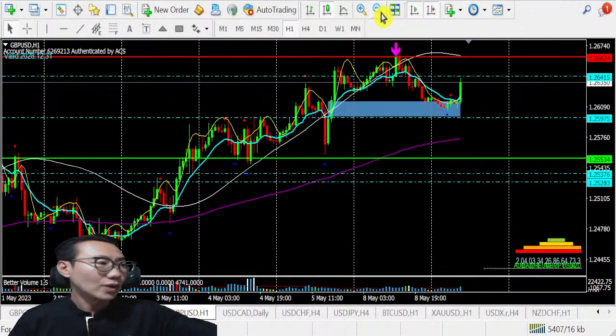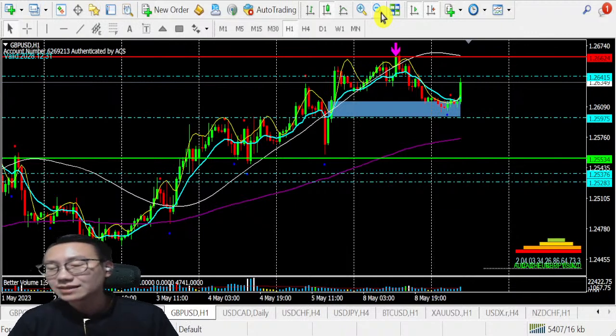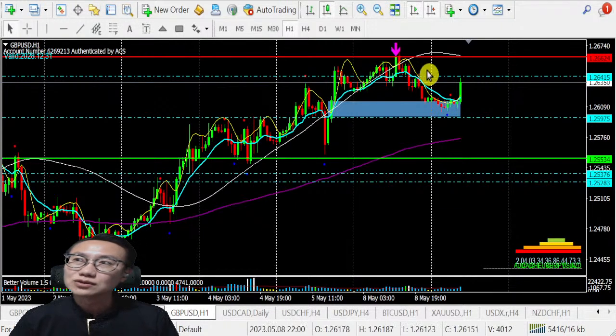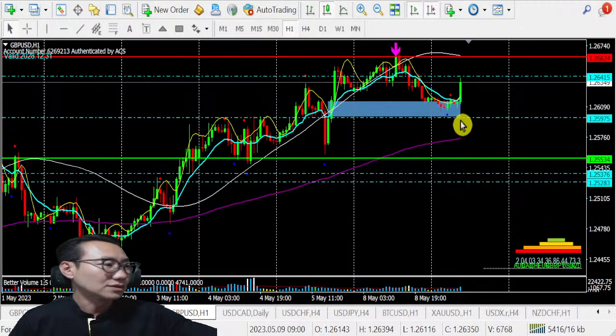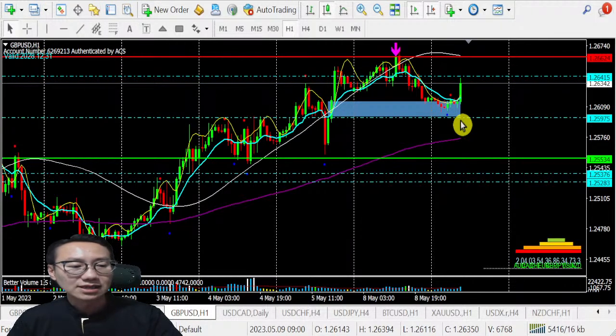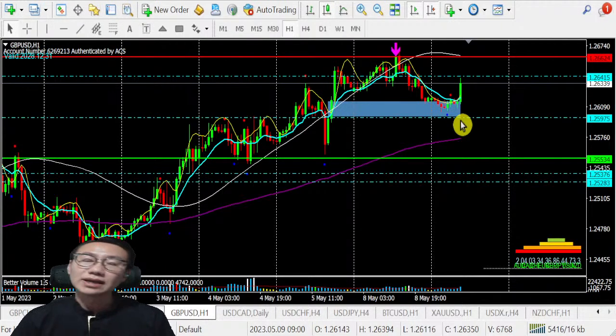With that, I will see where it is going, and if it's going downwards, I will wait for a good chance that it's going for the selling. Then I will go for the selling into that area.